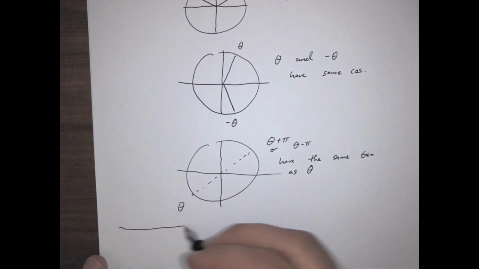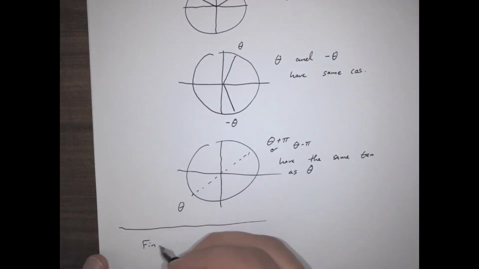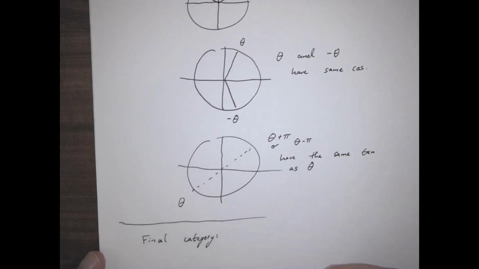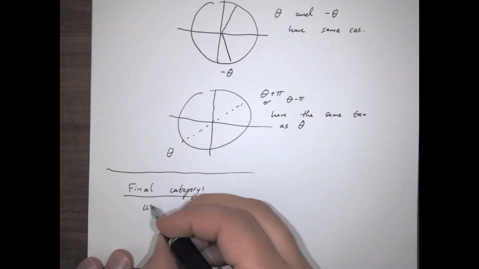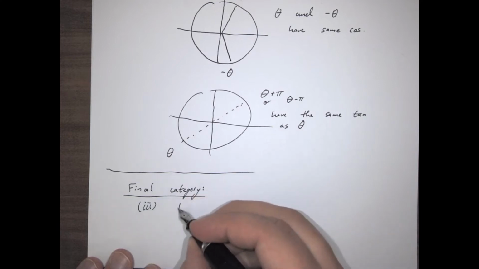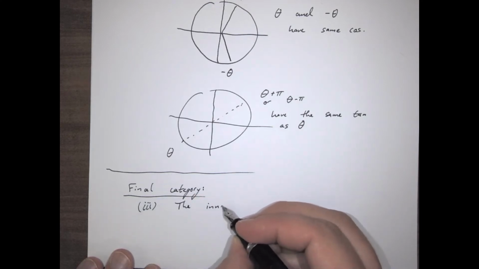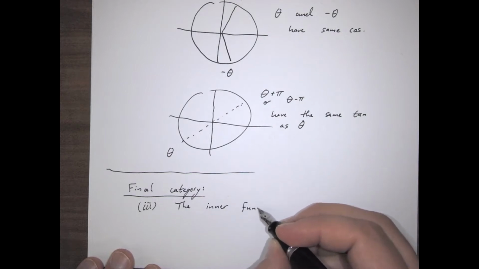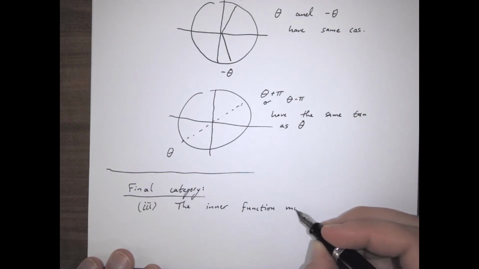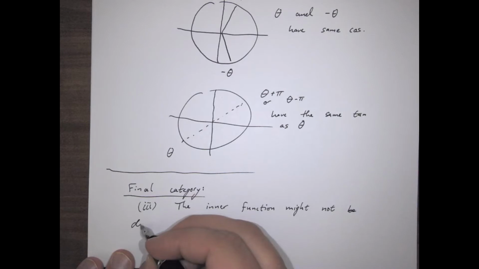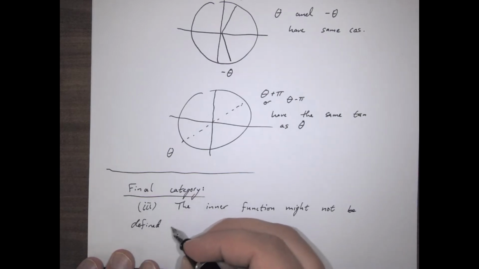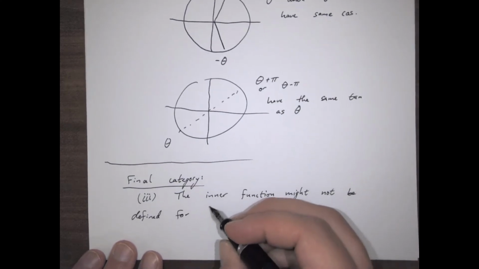Okay. And then final category. The final category is if there's a major issue, then you might actually just be talking about something that's undefined. Final category, this was number 3: the inner function might not be defined for some input.